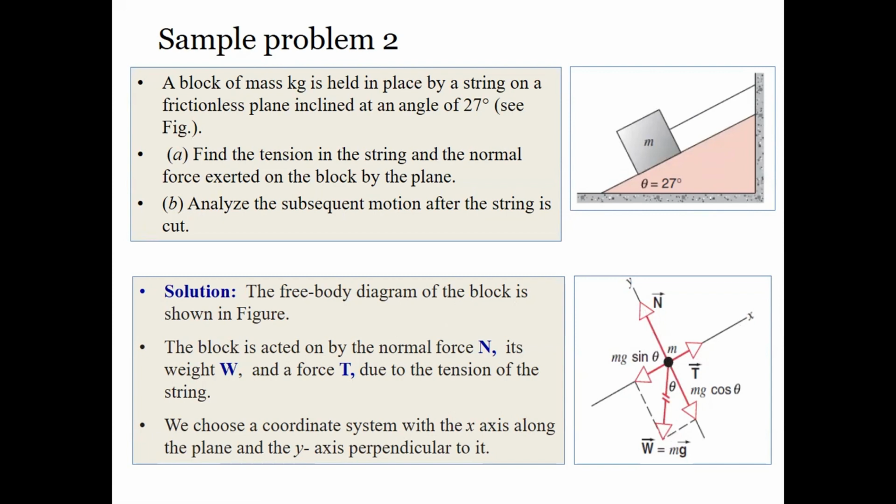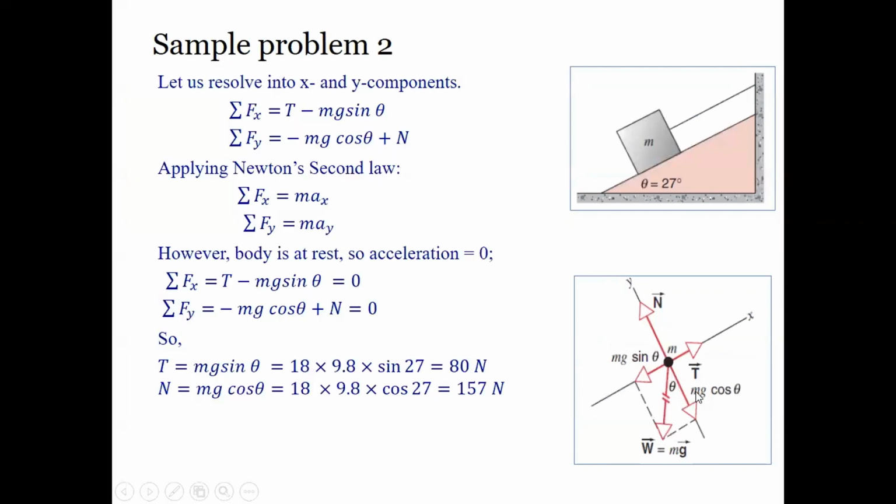So we move further to decompose. Once we try to decompose the force F, which is the weight due to gravity mg, also written here as W, then the angle theta is shown here.